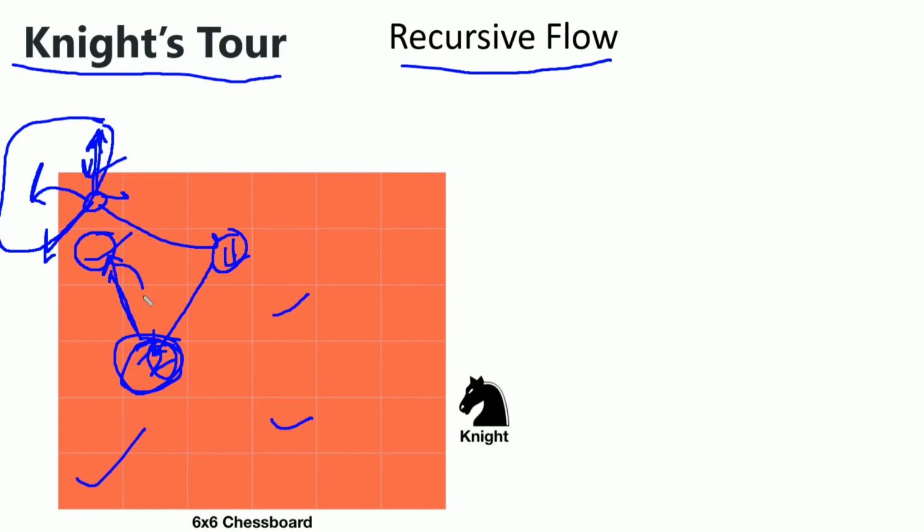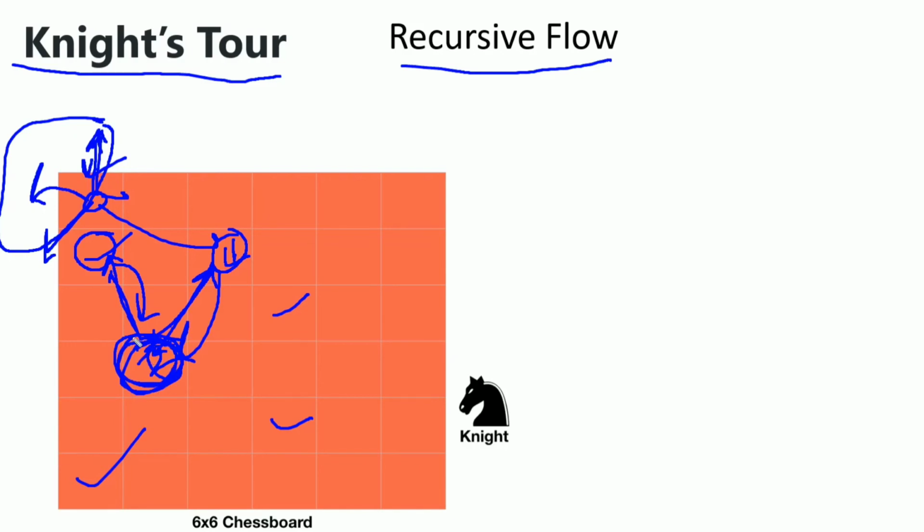So it will come back here and make the movement in a different direction. Again, this is already visited, so it will again come back here. Like this, all the choices are visited from this position. So right now, at this position, there will be a backtrack. It will move back to the caller of this square.